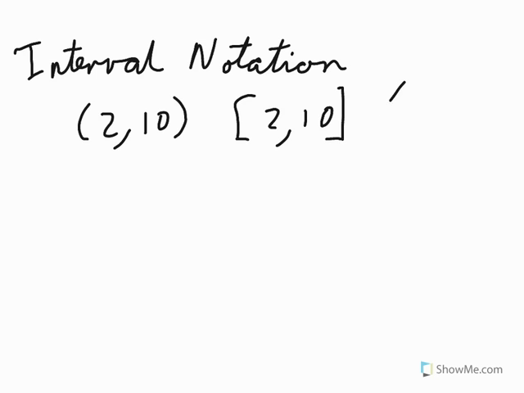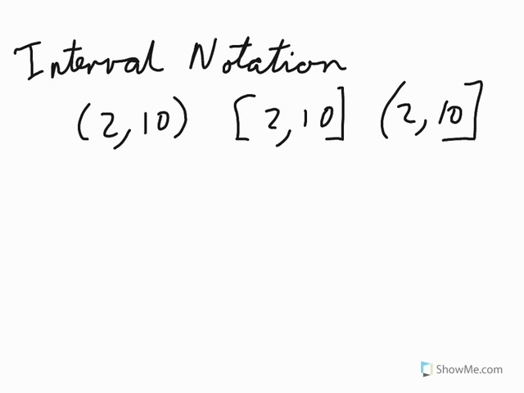You can have square brackets around, or you could have a combination of square and curved brackets. The curved brackets mean that that number itself is not included, everything up to, but not including. With the square brackets, that number is included.